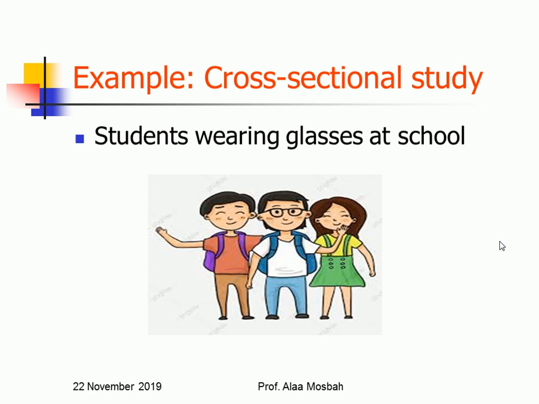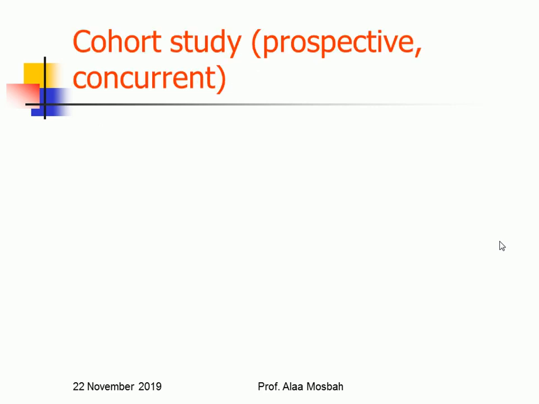Okay, let us go to the fourth type in observational study. We said case series, case control, cross-sectional. Cohort study, two types, either concurrent or non-concurrent.